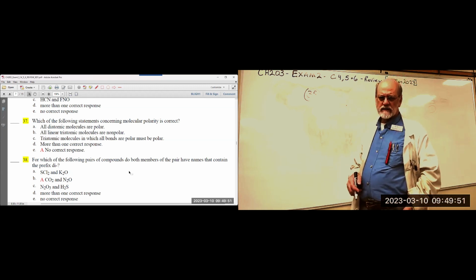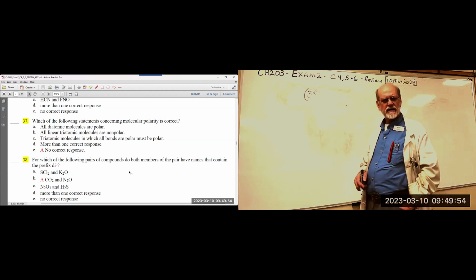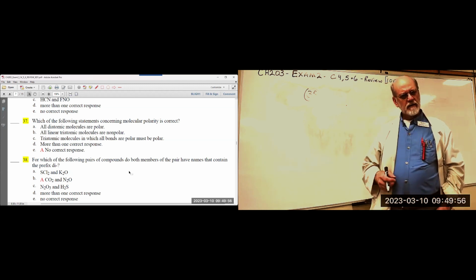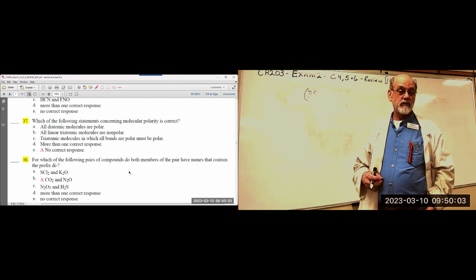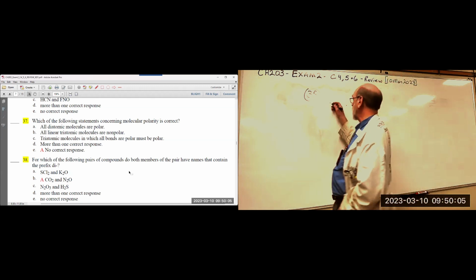Wait a minute, that's not right. Carbon dioxide, sulfur dichloride, potassium oxide, right? That wouldn't work. So A is false, obviously.